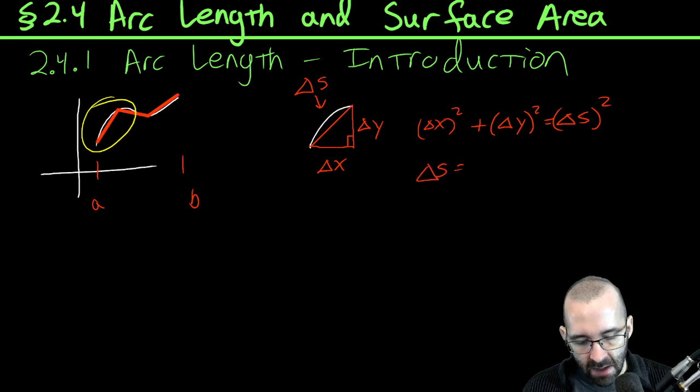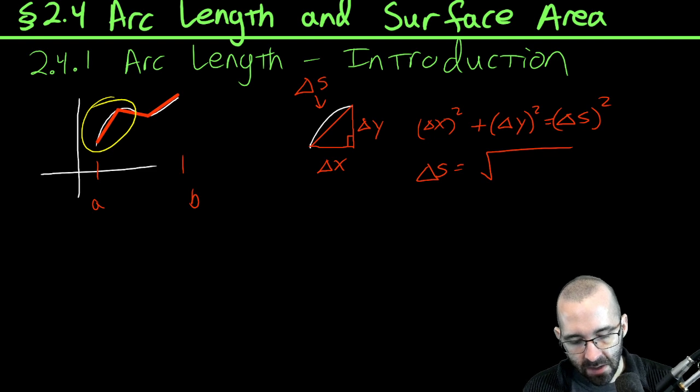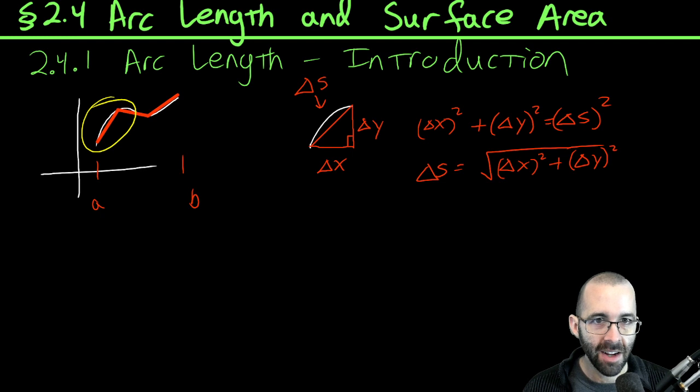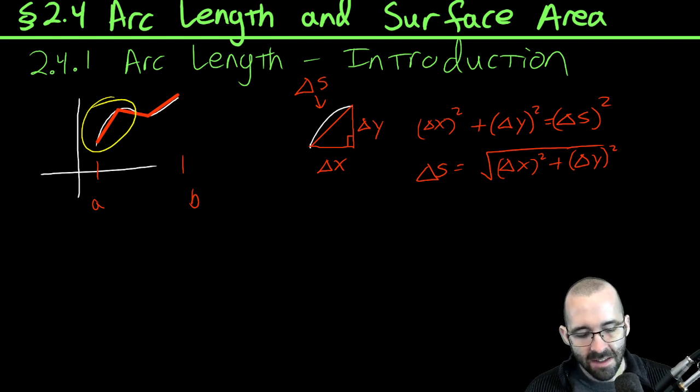So delta S is just the square root of delta x squared plus delta y squared. Okay, let's not write things as an integral just yet. Let's factor a little bit.